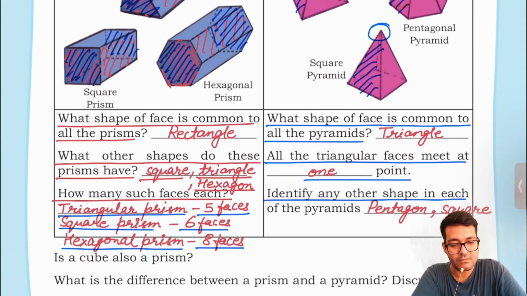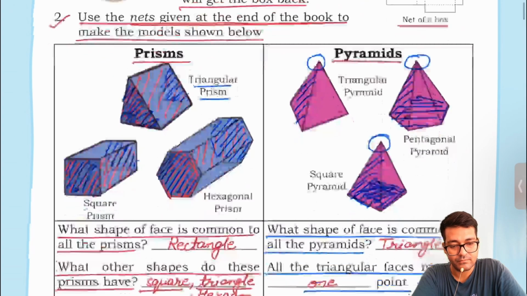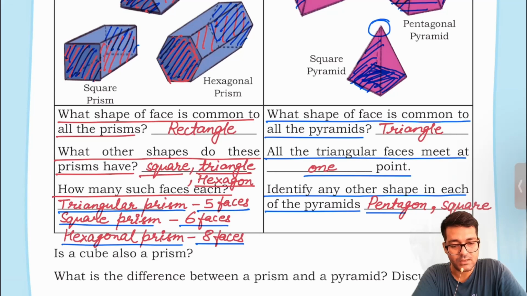Identify any other shape in each of the pyramids. You can see a pentagon face shape in the pentagonal pyramid and a square face shape in the square pyramid at the bottom. The answer is pentagon and square.